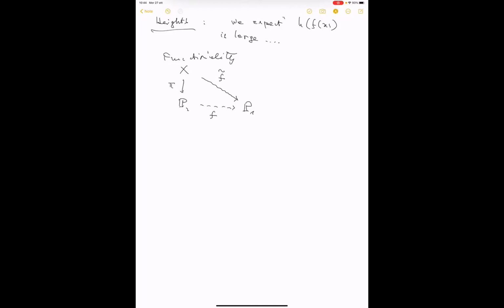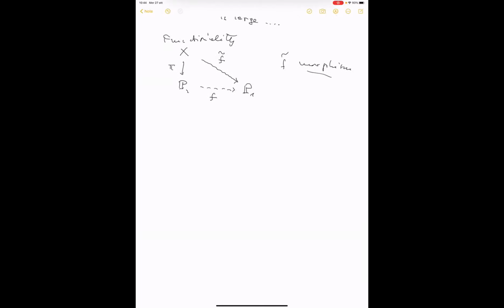So we can obtain a map F tilde, which is essentially F, except above the points where F is not defined. Then we shall have exceptional divisors and so on. Now F tilde is a morphism, and to F tilde we may apply the functorial formulas and deduce the height of F tilde of X. What does the functorial formula mean?